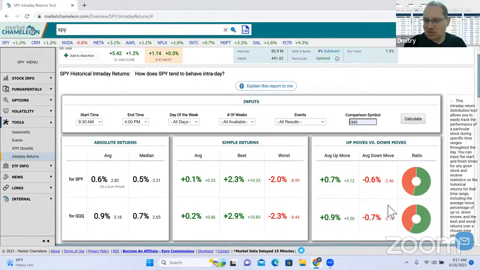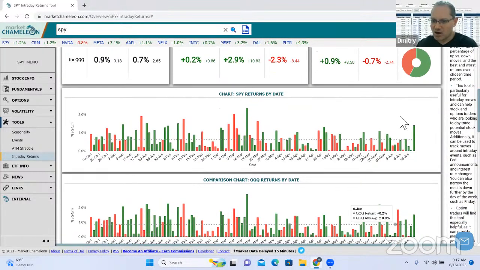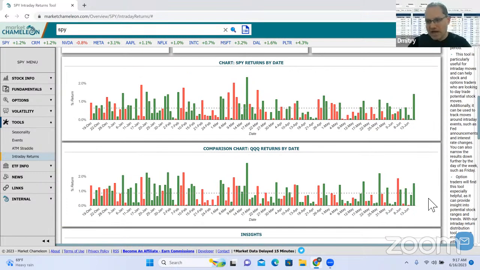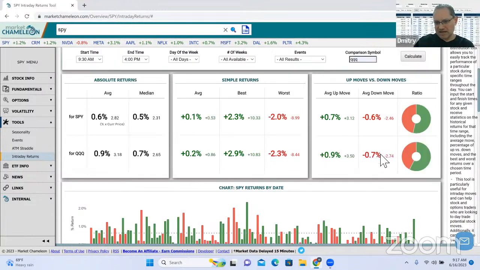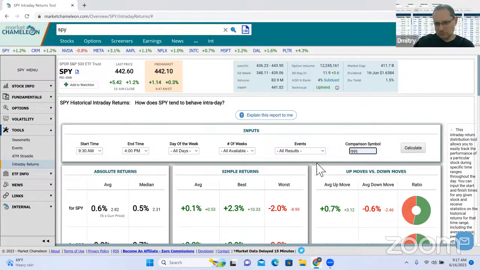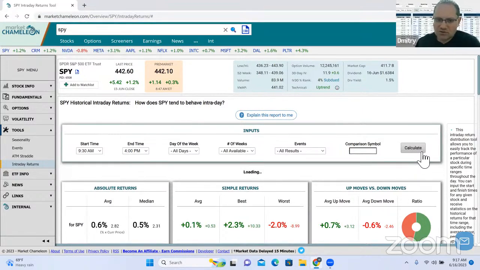And that gives us now a clearer picture of how two assets performed in the same time frame, versus each other. Okay, let me take that out. Let me go back.